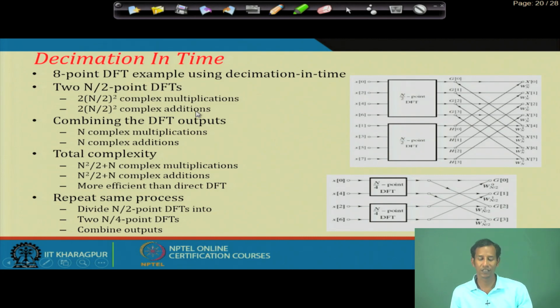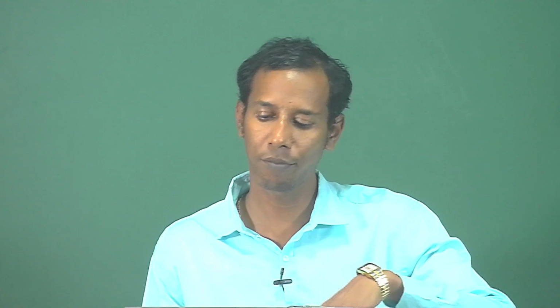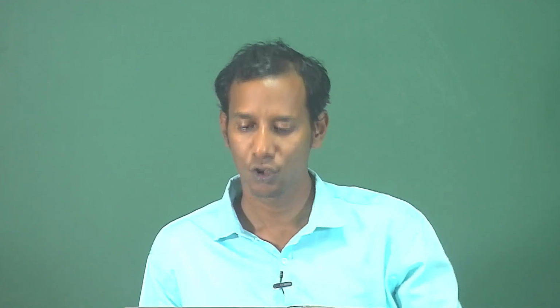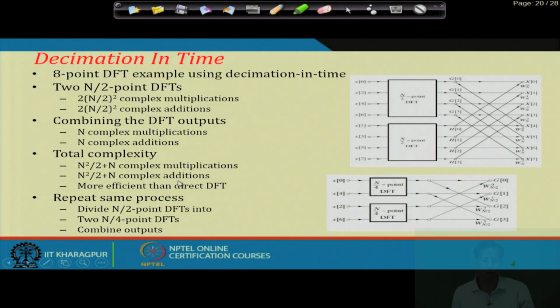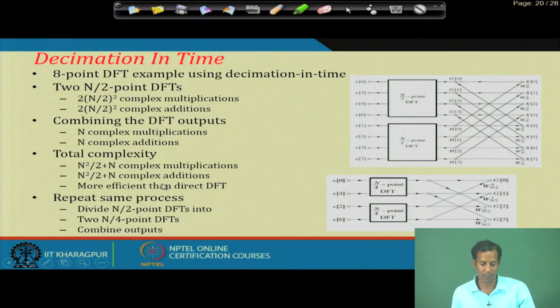If we divide the coefficients, that means if we divide the samples into even terms and odd terms, and if we run this computation of the DFT in parallel, then the requirement for complex multiplication and complex addition becomes a little bit lower than the original DFT implementation.